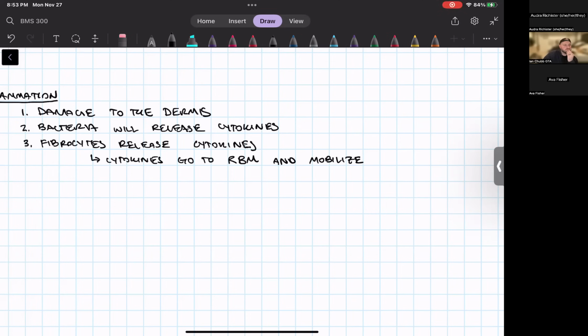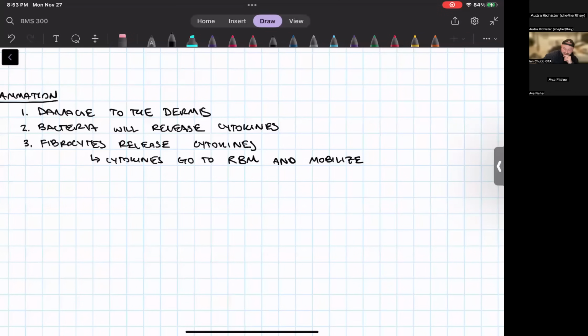Do you know? Yep, pattern associated and then damage associated. But what are the two cell types that come in and start playing a role here?